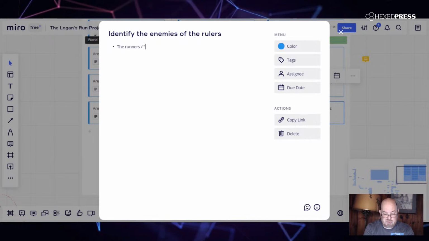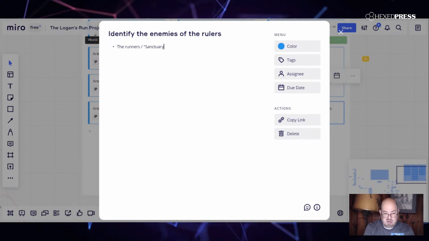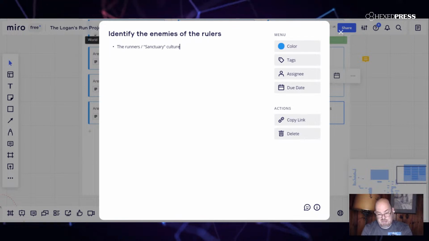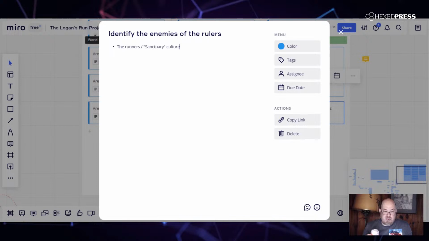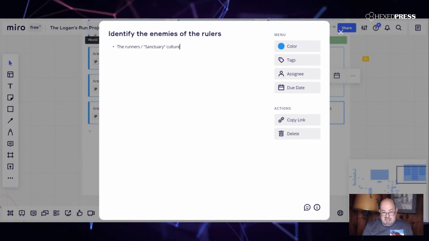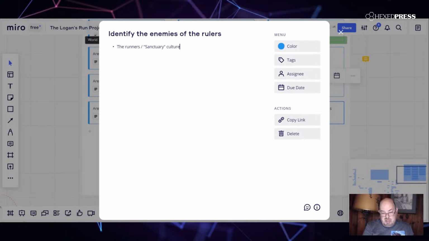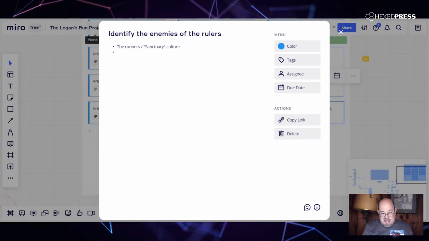I'm going to put slash also, which is also the sanctuary culture. They're kind of the same, but maybe not quite, because people can choose to run and not be part of the sanctuary culture, and the sanctuary culture isn't hand in hand with every runner. But I think they are kind of the same. I think to the citizenry, it's the same threat. They're both after the same things. We can split them up, but that's kind of the basic idea.